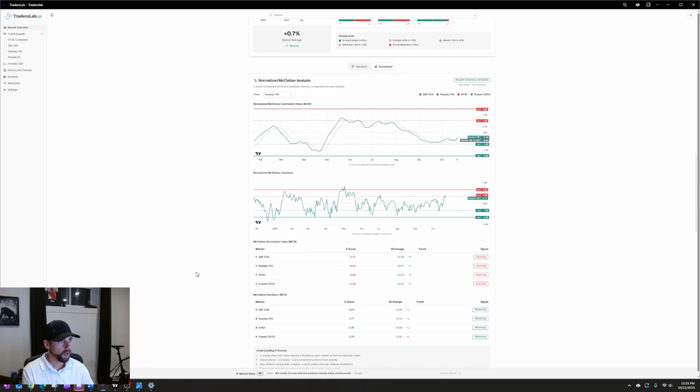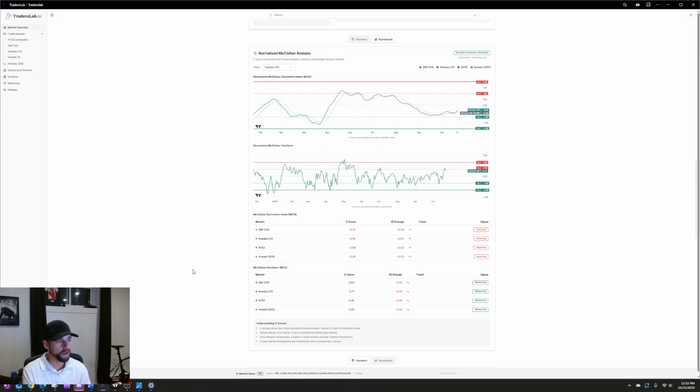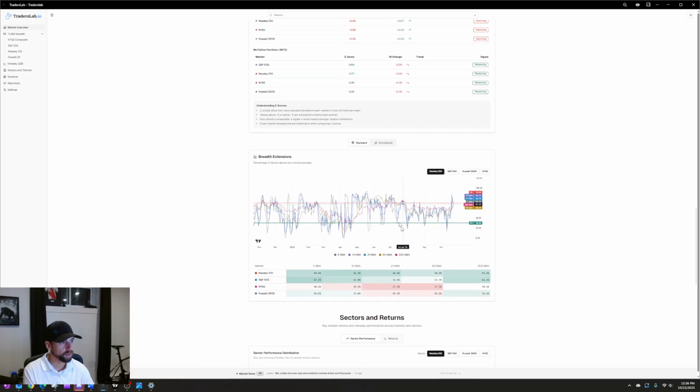But I like the idea of having all my process and my rules around one tool. And for me, the McClellan is really reliable. So I might even only focus on the McClellan oscillator and not on breadth extensions anymore.